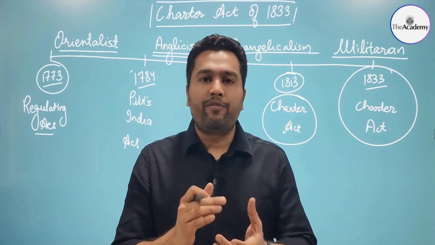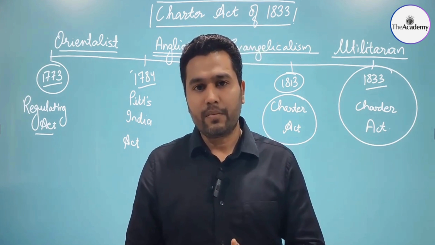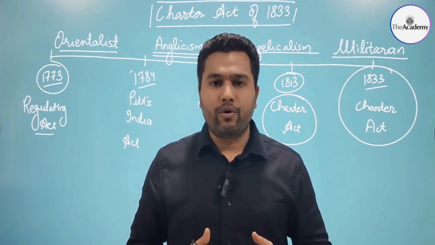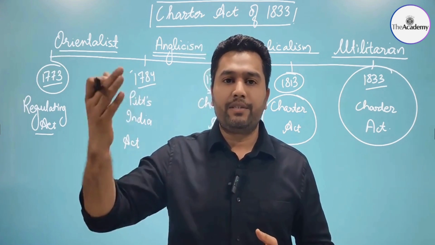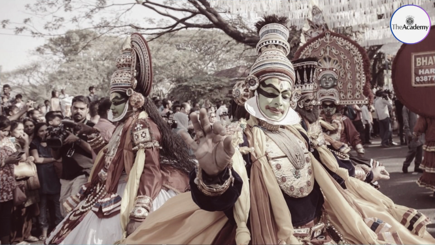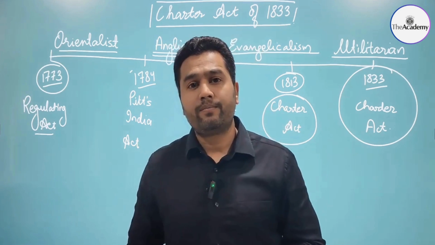Utilitarianism as a school of thought is an offshoot of liberalism as compared to the conservative school of thought, which upheld tradition, which upheld customs. Utilitarianism developed a calculus to measure every aspect of life.